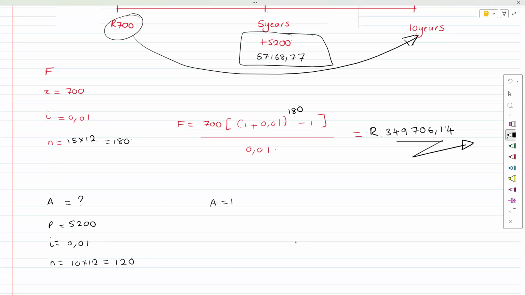If I deal with A equals P, 1 plus i to the power of n, that will be 5,200 into 1 plus 0.01 to the power of 120, which equals 17,162.01.